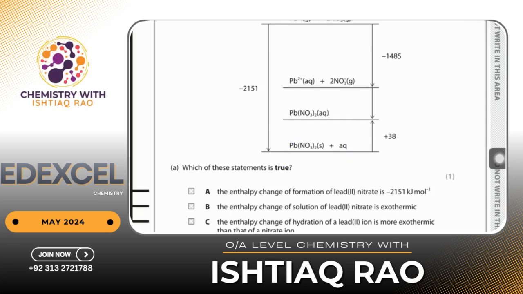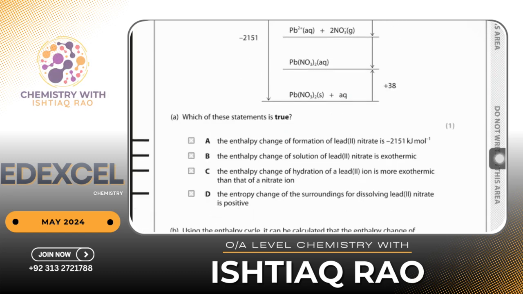First of all, it's solid, then the water is added, and then it's converting into aqueous. It's called hydration. Solid to aqueous is solution, but this is a positive value. So why are they saying it's exothermic? No, it's incorrect. It's endothermic. So statement B is also incorrect.